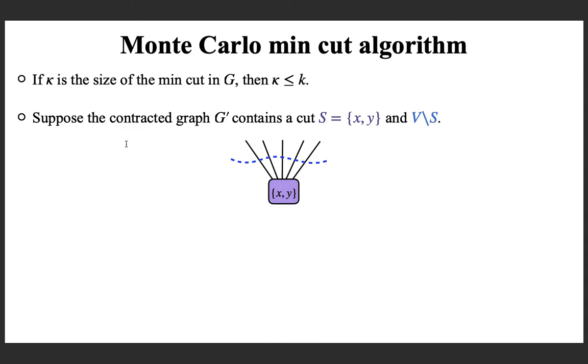Now suppose the contracted graph G prime at any stage contains a cut where on one side you have only a combined vertex, and the only vertices are x and y, and in the figure shown the number of edges crossing the cut is 1, 2, 3, 4, 5.